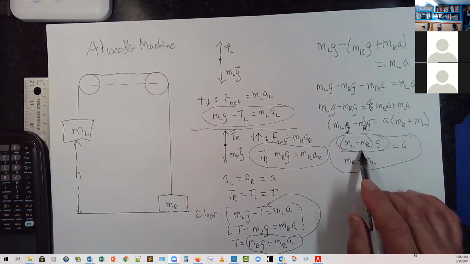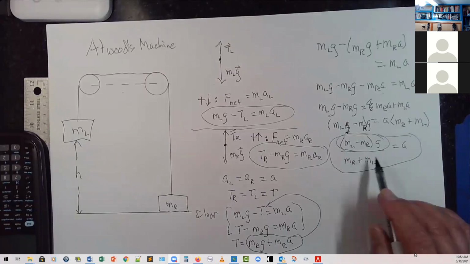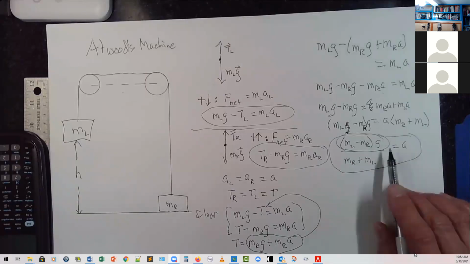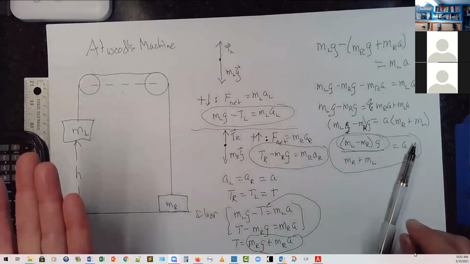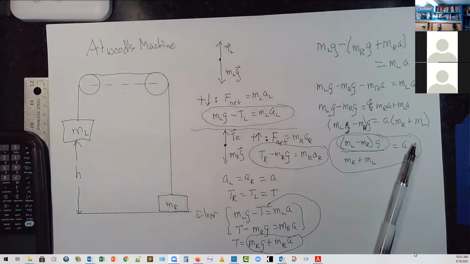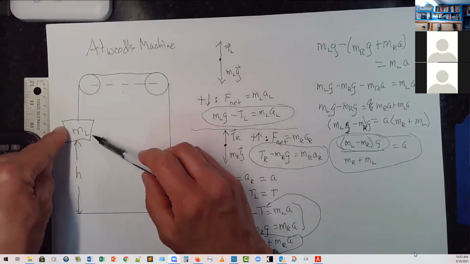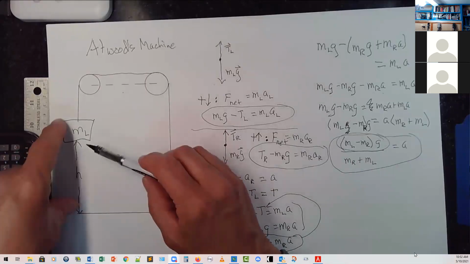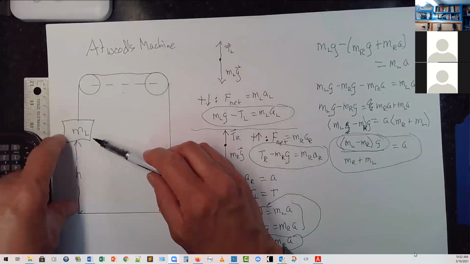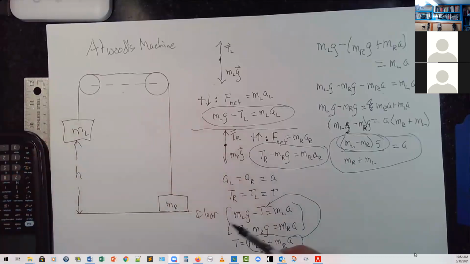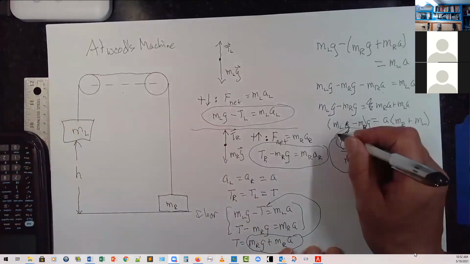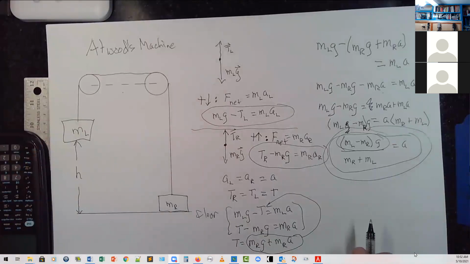And so you end up with an acceleration much smaller than the acceleration due to gravity, and you can time it very easily because it'll take a few seconds for this thing to drop to the floor, even though it's only a little over a meter off the floor when we do the experiment. So it slows things down, puts them in slow motion.